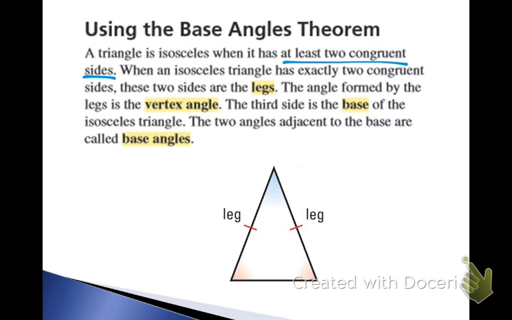Your next blank, well, we'll get to that. When an isosceles triangle has exactly 2 congruent sides, these sides are called the legs. So go ahead and write in the legs on your picture. So the 2 congruent sides are called the legs. So a leg and a leg. The angle formed by the legs is called the vertex angle.